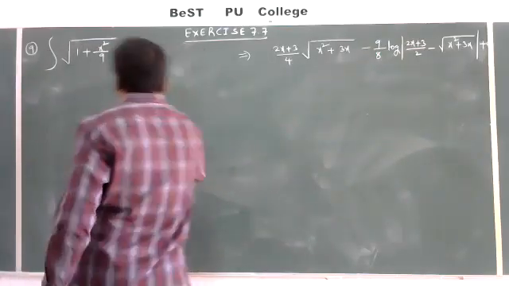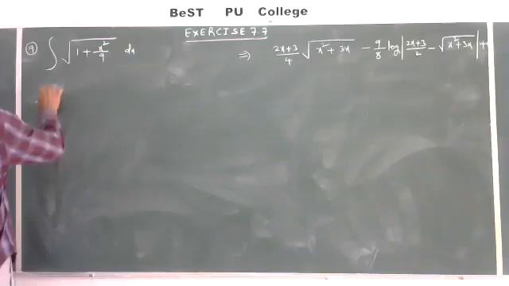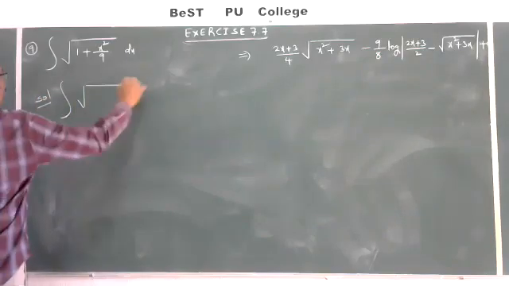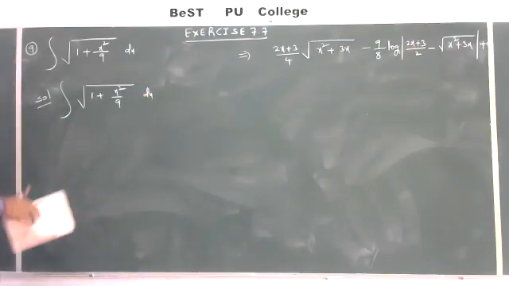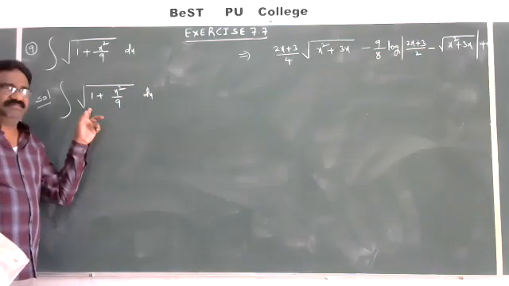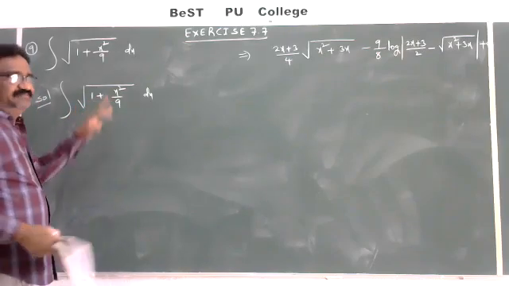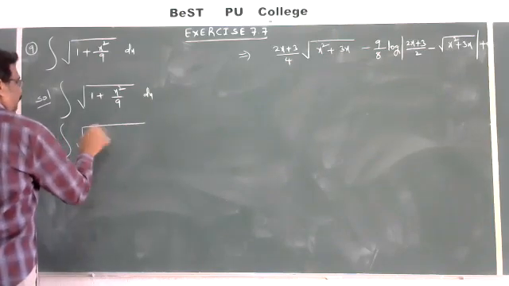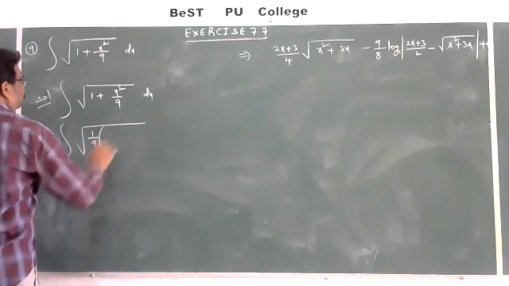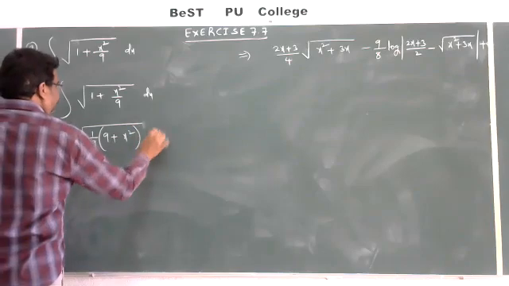Here, you take 1 by 9 common. Solution: integral root of 1 plus x square by 9 dx.